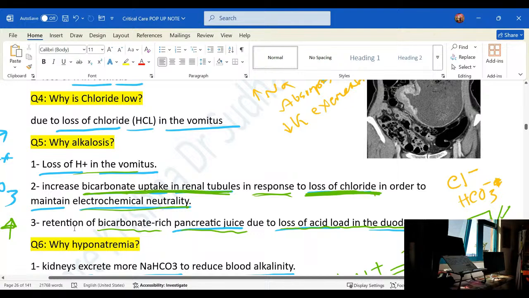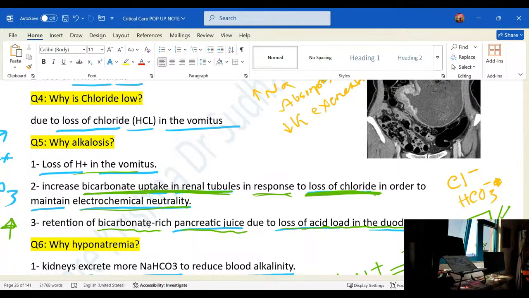Another cause is retention of bicarbonate-rich pancreatic juice due to loss of acid load in the duodenum.